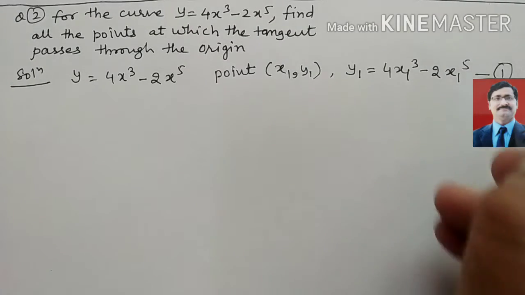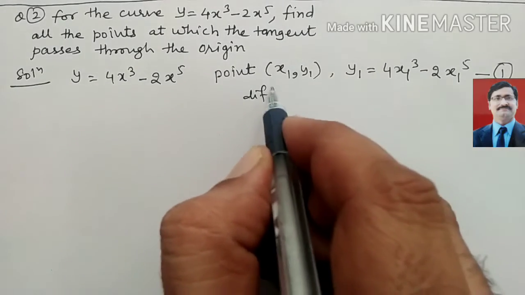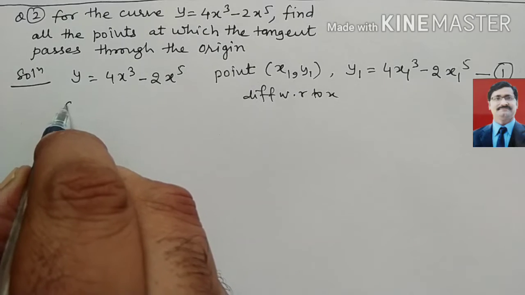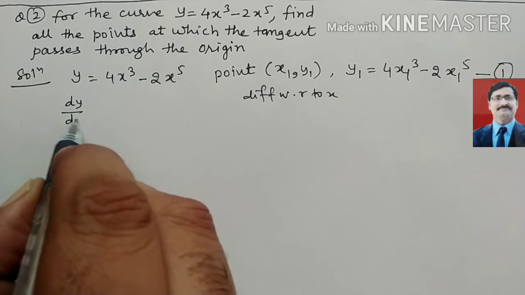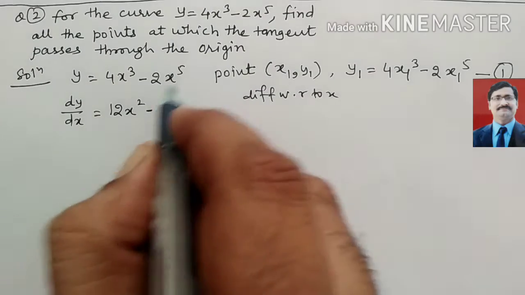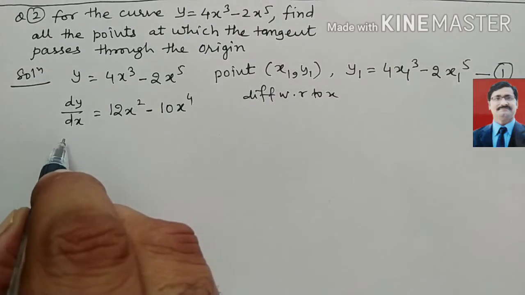This is equation 1, and now we will differentiate with respect to x. We will get dy by dx equal to 12x power 2 minus 10x power 4, and look here, we will put the point.